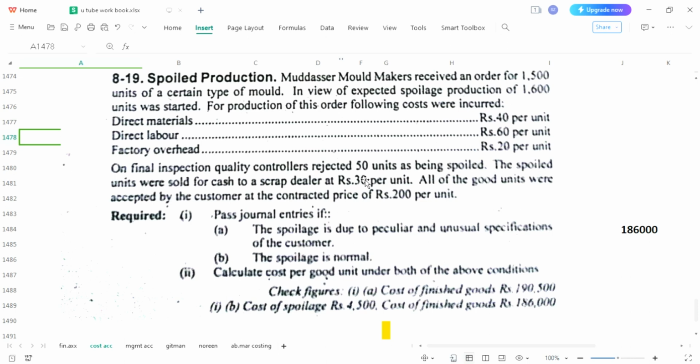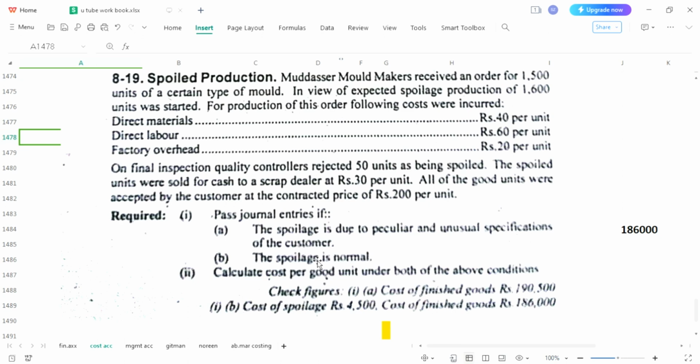And loss sometimes we charge to the production, and sometimes we do not charge to the production. These are two parts which would be elaborated later on: when loss is charged to the production and when loss is not charged to the production. I'm just hoping that you have this concept.